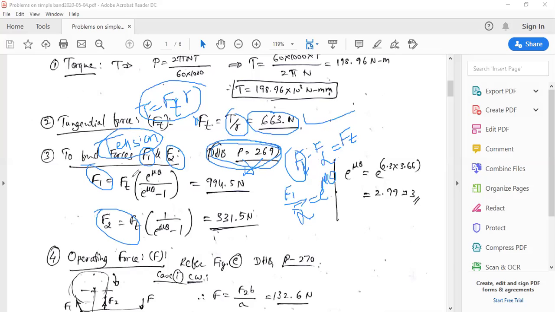Here the Ft value is calculated as 663 newtons, and e raised to mu theta is 2.99, that is approximately equal to 3.